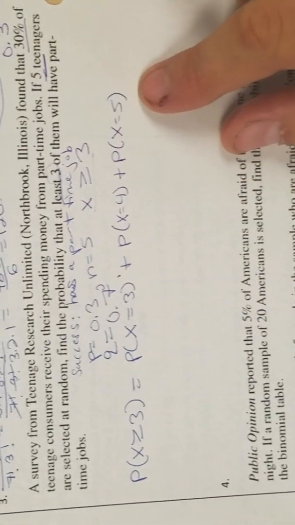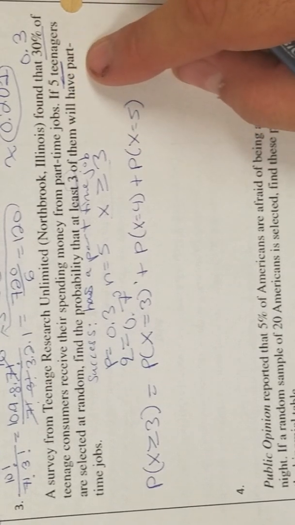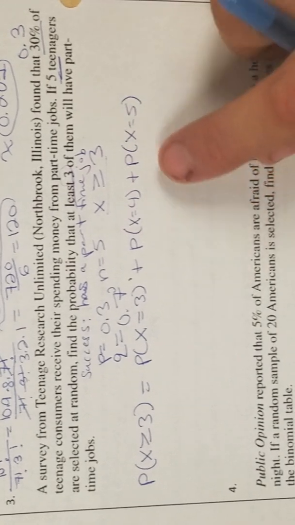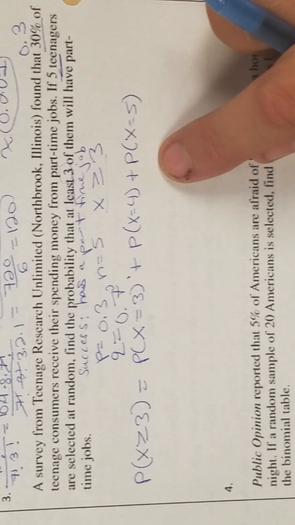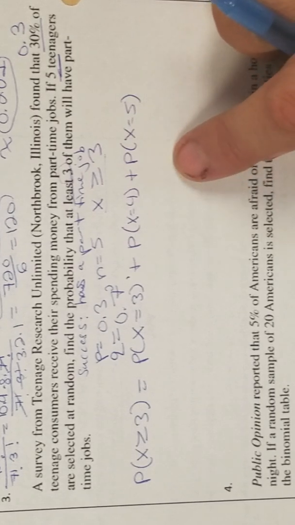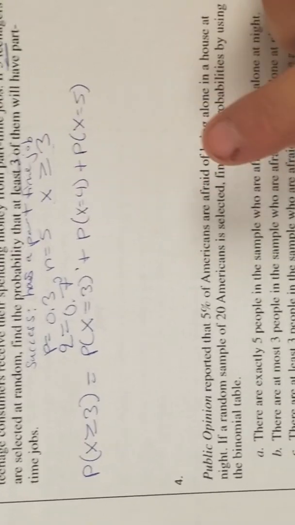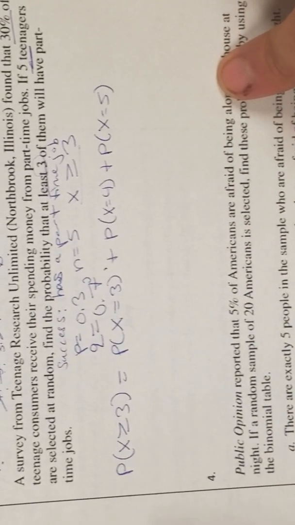Remember that we stop at 5 because we only have 5 teenagers selected at random. So we need to do the binomial 3 times, which I know can be kind of tedious. We're going to show you in a little bit a shortcut of finding all the binomial probabilities. But in the meantime, for this problem, we're going to actually calculate it. And then for number 4, we're going to show you the quick way using a table.